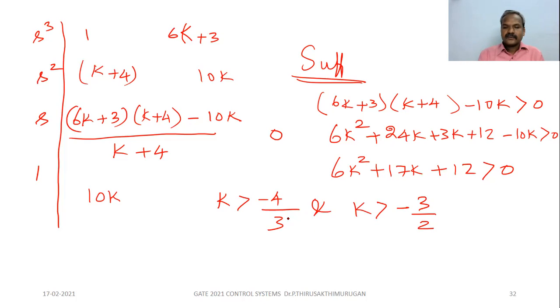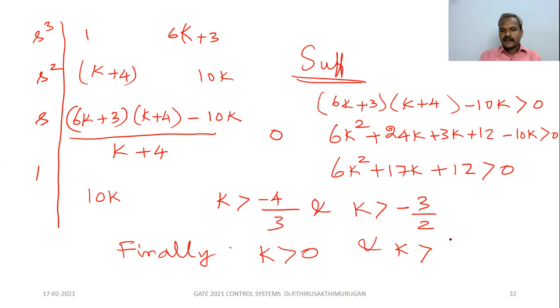Understand or not? So finally, what is the answer? K should be greater than 0 and k should be greater than minus 4 by 3. So the closed loop system is stable only for k greater than 0.